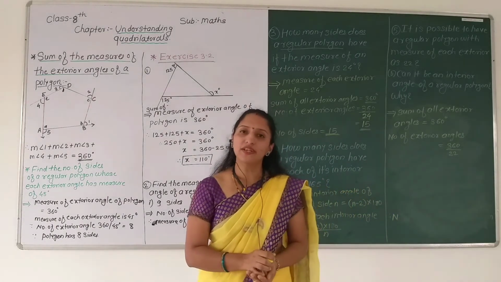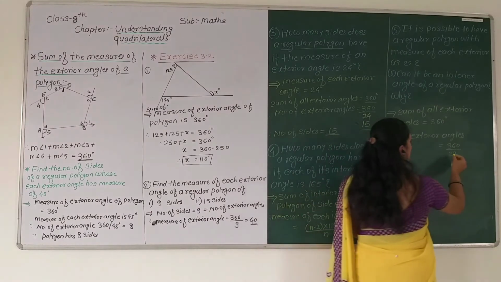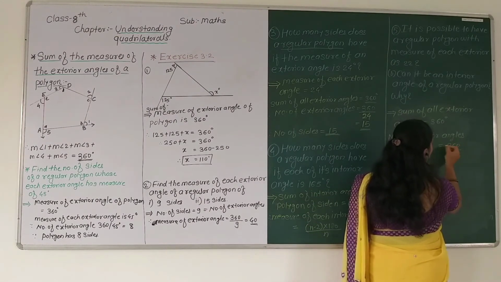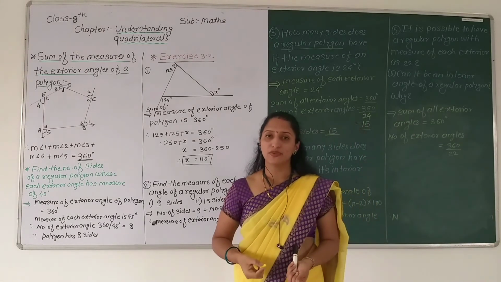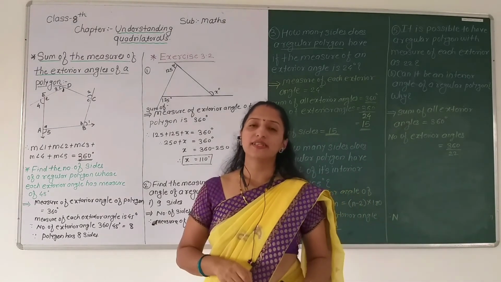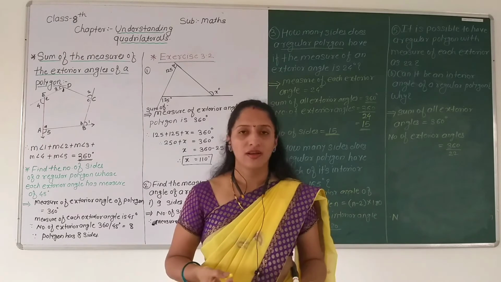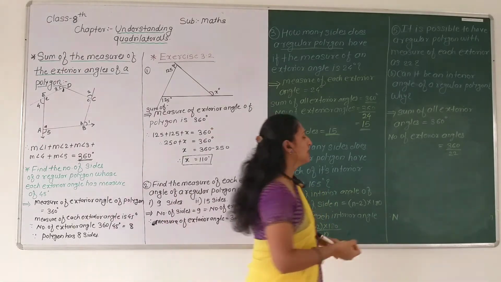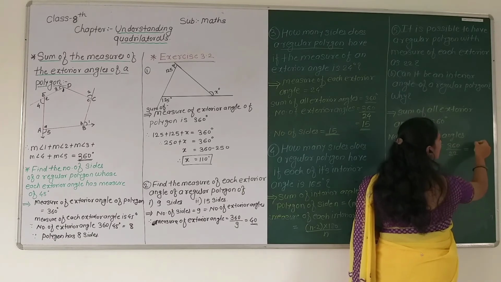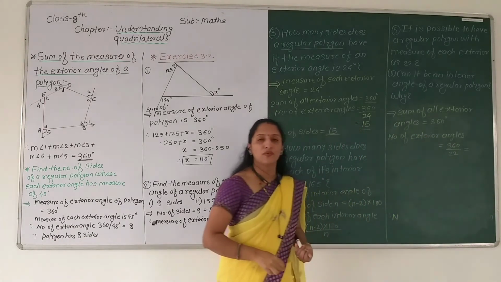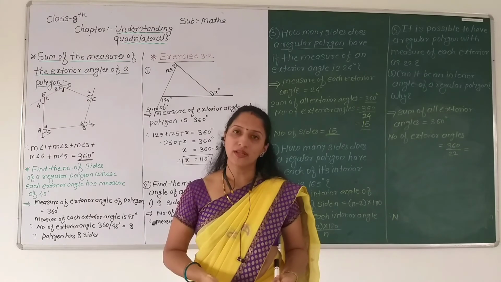So the number of exterior angles is 360 divided by 22. But 360 is not divisible by 22, or 360 is not a multiple of 22. After this division we get some fraction, we do not get any whole number.